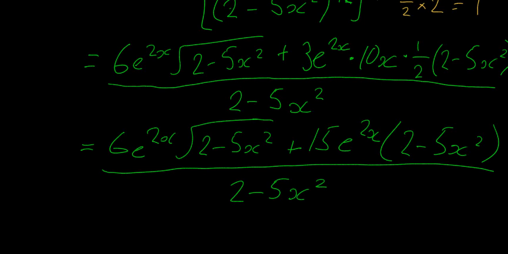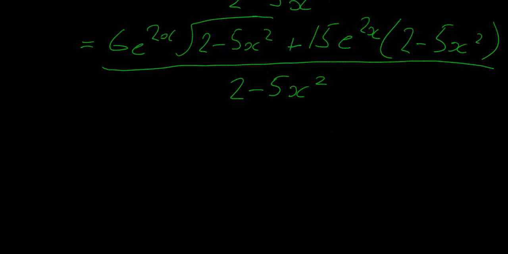As I hinted before, a few things you can do over here just to make it more presentable. One thing is to factorize the e to the 2x and the 6 and 15 to a certain extent. The obvious factor is e to the 2x, and between 6 and 15 you can take a factor of 3 out.